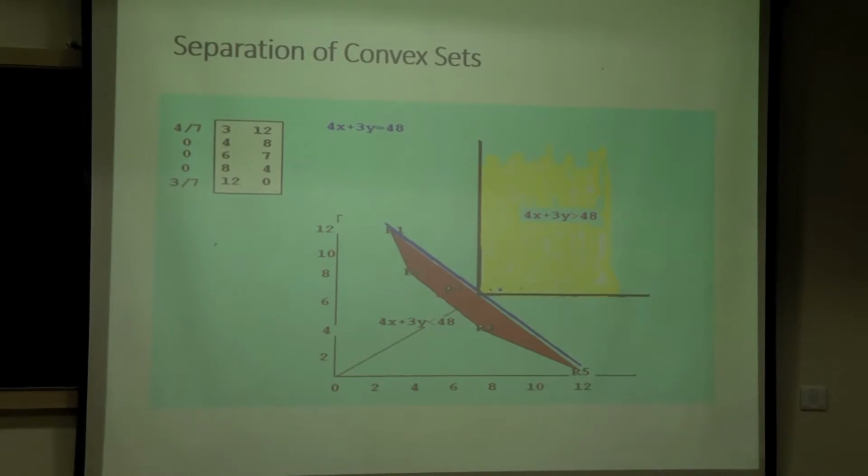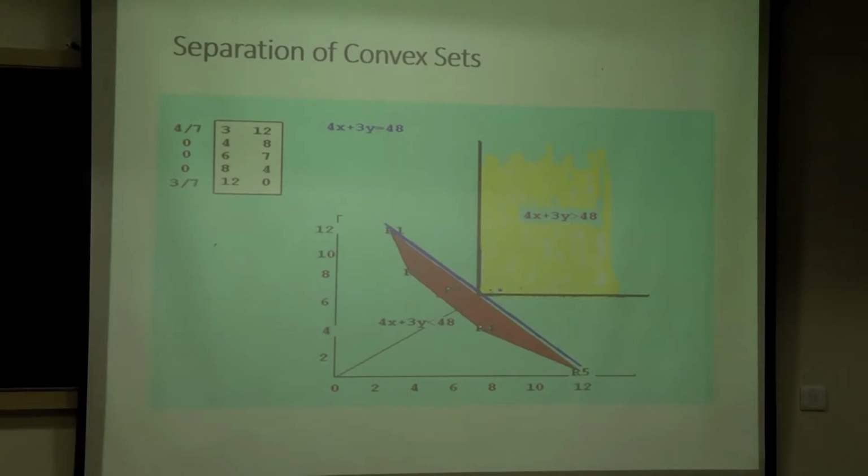He can mix them with various probabilities. He doesn't care. Independent of whatever he does, player 2 on the average is not going to lose more than 48 over 7. If he is stupid to choose these things, he will even lose less. He will gain very less. Okay? So you are better off choosing these two with that.